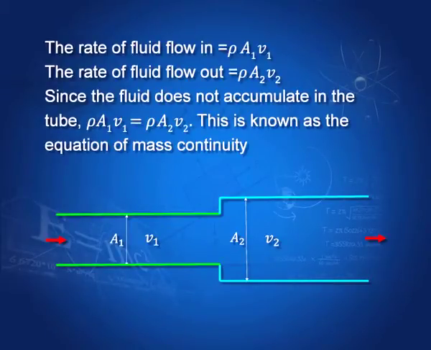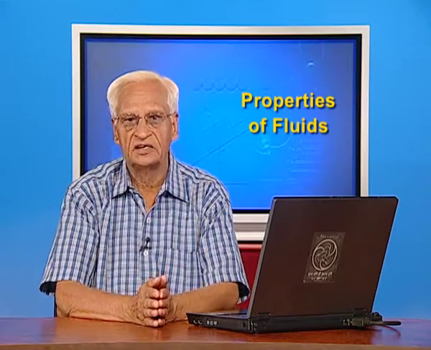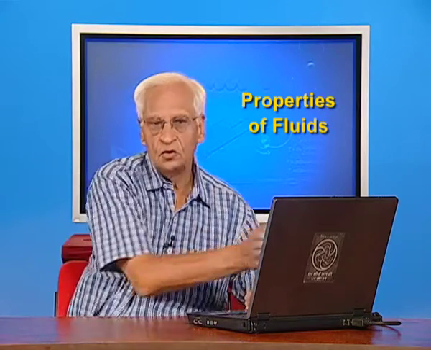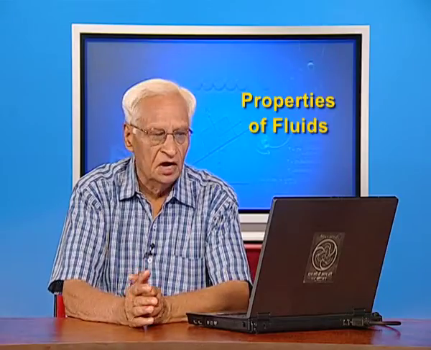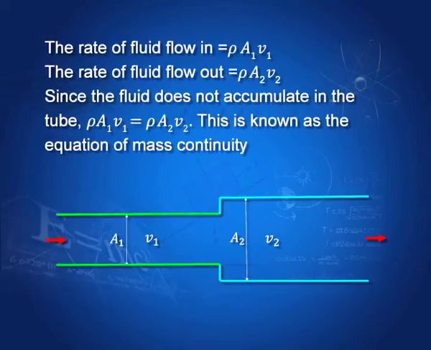Why is it so? Because on the way there is no point where the fluid accumulates. Whatever enters goes out. Therefore, this is known as the equation of continuity of mass. Rho A 1 v 1 is equal to rho A 2 v 2, rho being common, A 1 v 1 equal to A 2 v 2.